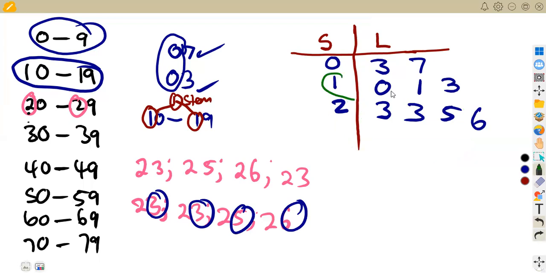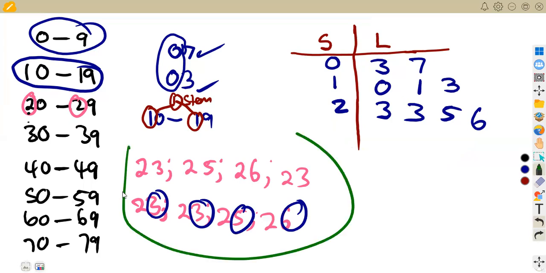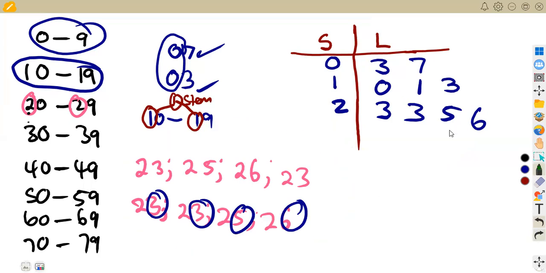Like this one, I've got a 1 and 0, that's a 10. If I take 1 and this 1 here, I've got 11. If I take 1 and this 3, I've got 13. So these are numbers that you already have, but you are presenting them in another way. You must be able to take them back.